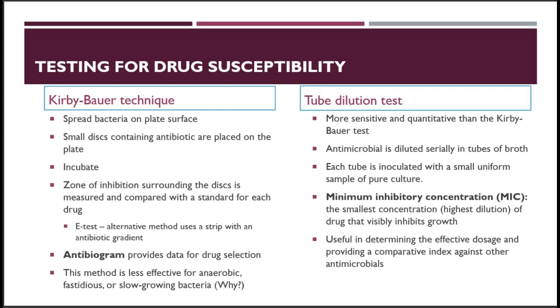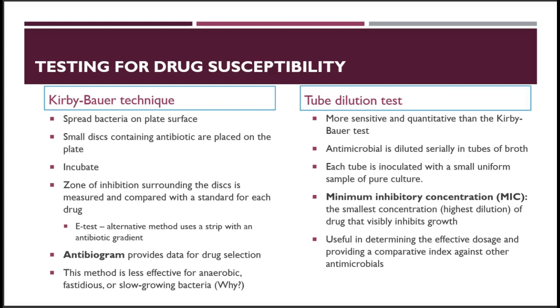The Kirby-Bauer technique is not as effective for anaerobic, fastidious, or slow-growing bacteria. I'll let you think about why for a few seconds. So anaerobic organisms are difficult to grow because they have to be grown in an environment that is free of oxygen.